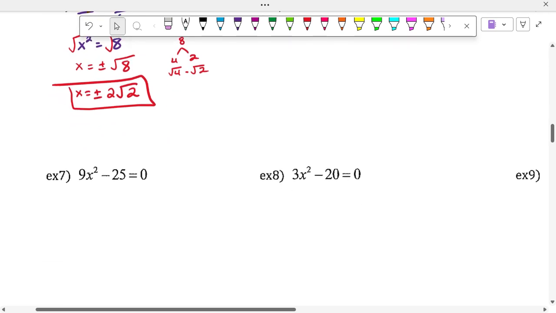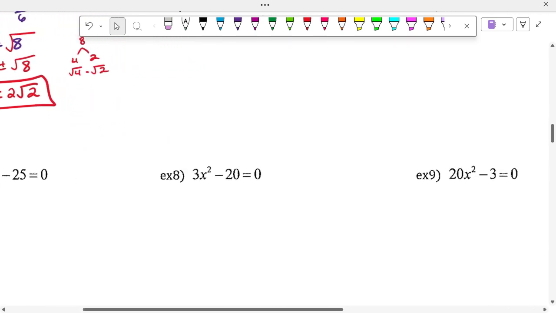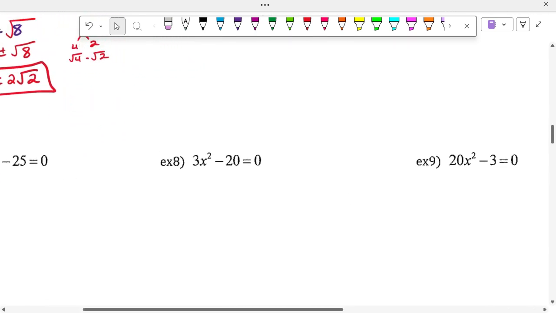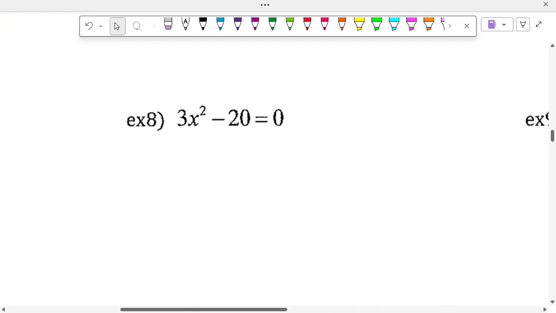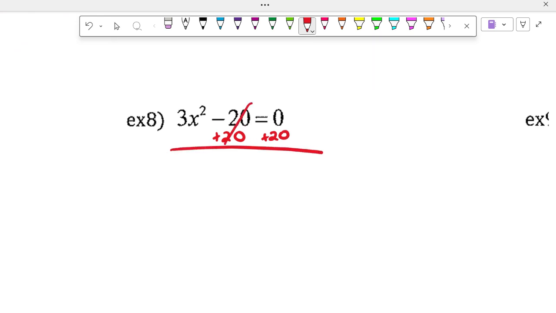All right. Let's look at example 8. So example 8, if we're thinking SADMEP, what's the first thing I gotta do? Add the 20. We gotta get rid of the subtraction first. That goes away. 3x squared is equal to 20. Then what do we do?